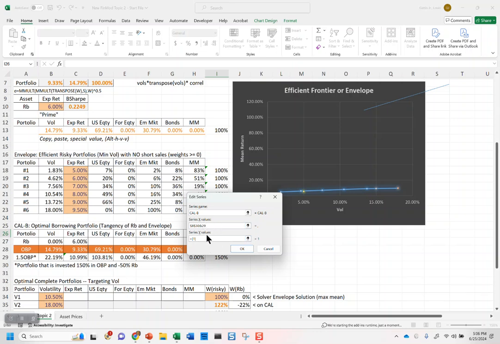Just make sure it's B28 to B29, and the Y variable is going to be the returns, which are going to be C28 to C29.